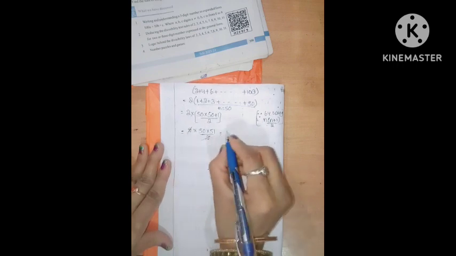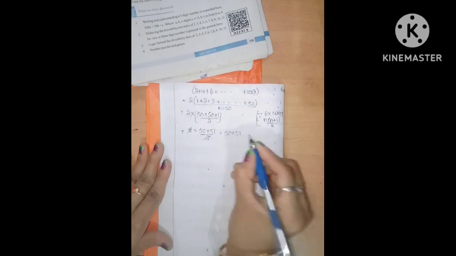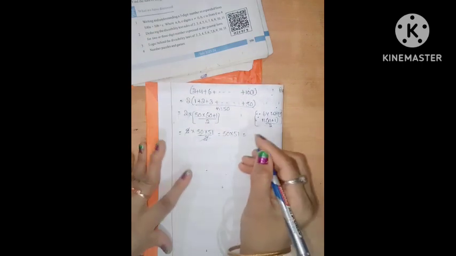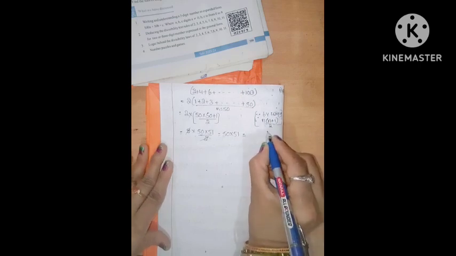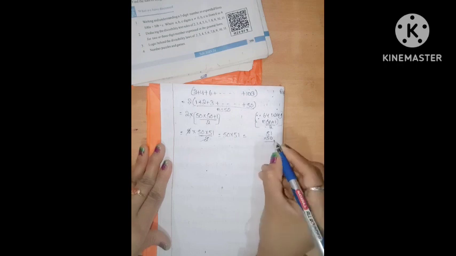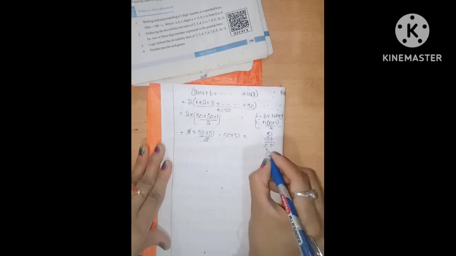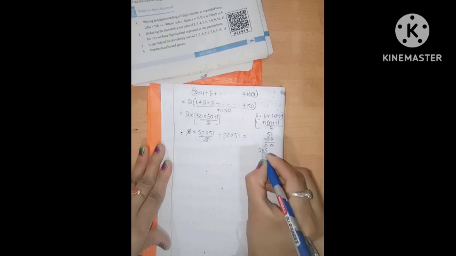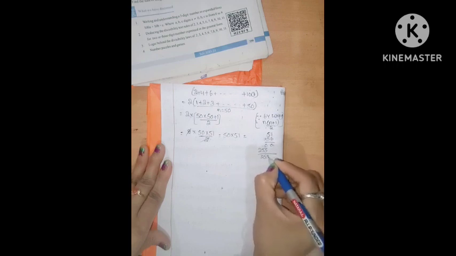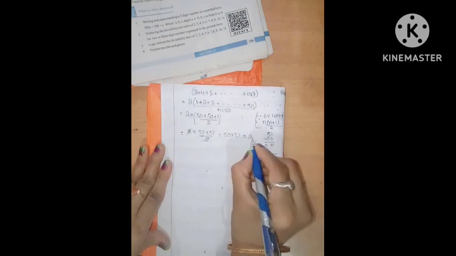We will get 50 into 51. Multiplication of these two terms, how much value will come? 51 times 50: 0 times 1 is 0, 0 times 5 is 0, 5 times 1 is 5, 5 times 5 is 25. So the value is 2550.